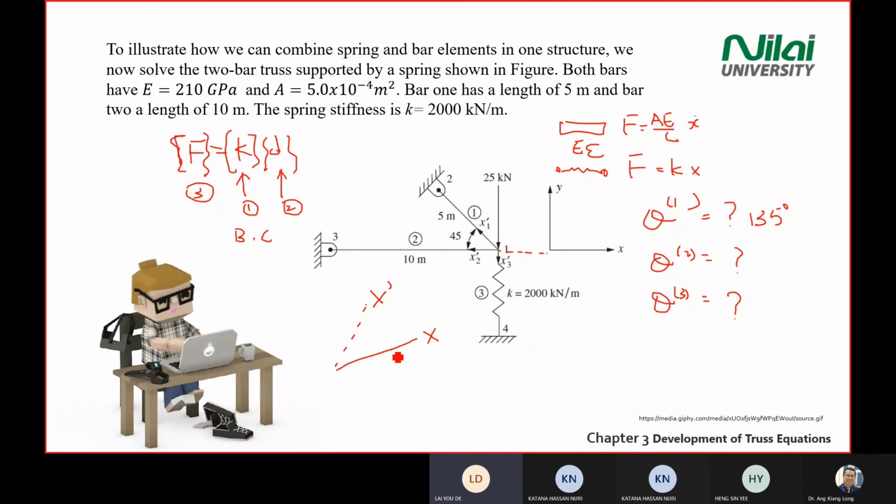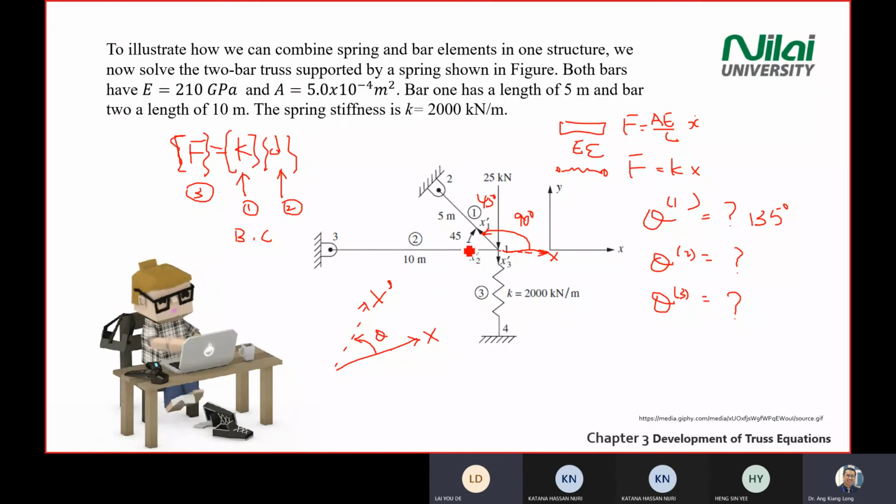No, from this diagram that I draw on the screen here, you have x and x prime. You have two axes here. The angle you measure from x prime to x or x to x prime? X to x prime. So in this case, where is your x? Here, right? Where is your x prime? Here, right? So angle is from here to here. So when you explain from here to here, you have 90 plus 45.